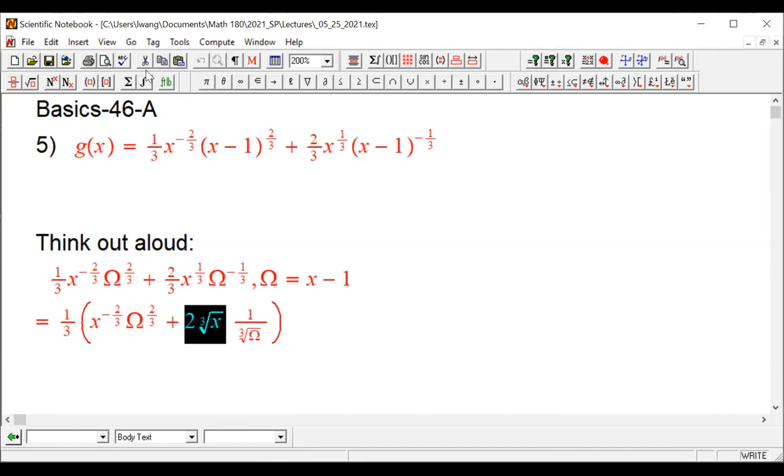So you can put this guy on the top. This piece is the cubic root of omega squared, and that piece is always under, the cubic root of x squared.